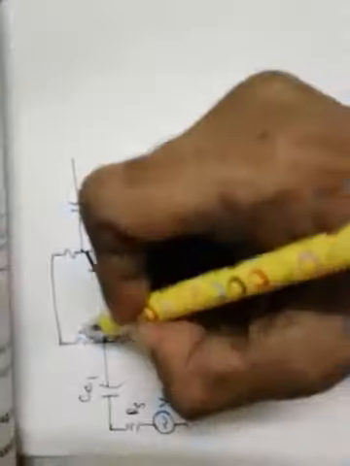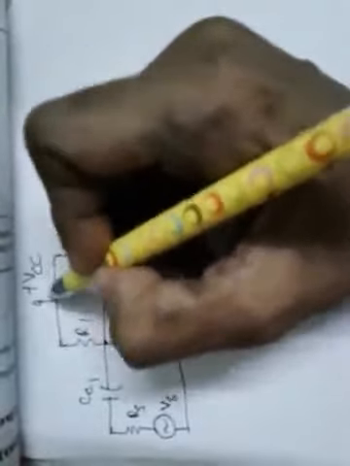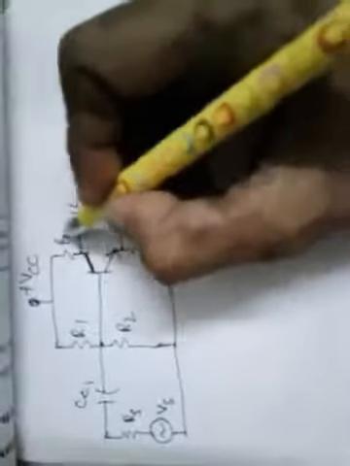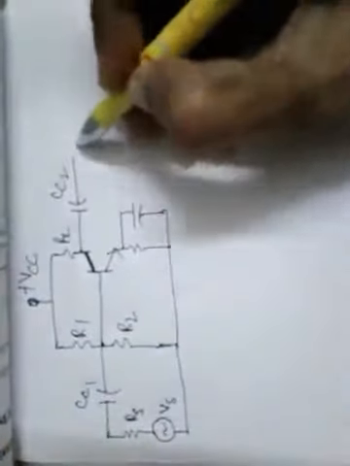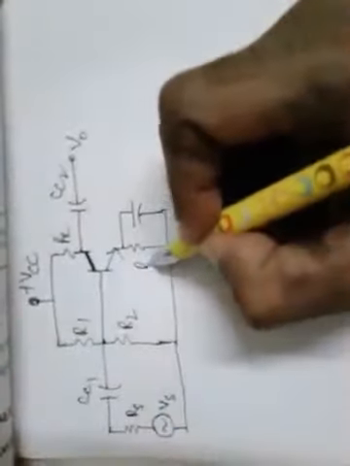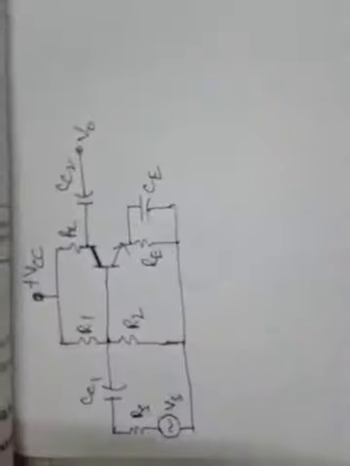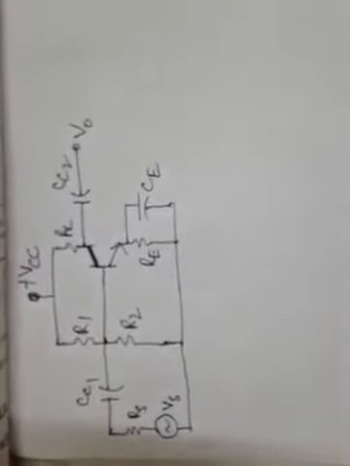This is coupling capacitor 1. These two are bias resistances R1 and R2, connected with plus VCC for the biasing voltage, and this is RC. This is coupling capacitor 2. Output is taken from the collector of this BJT, and this is emitter resistance RE, and this is bypass capacitor CE parallel to the emitter resistor.